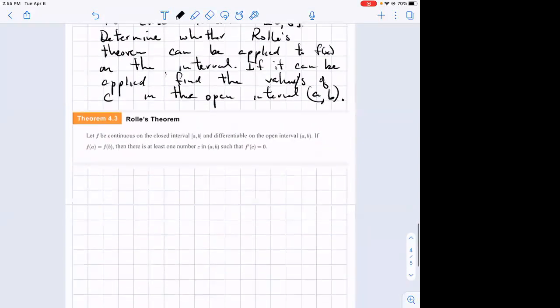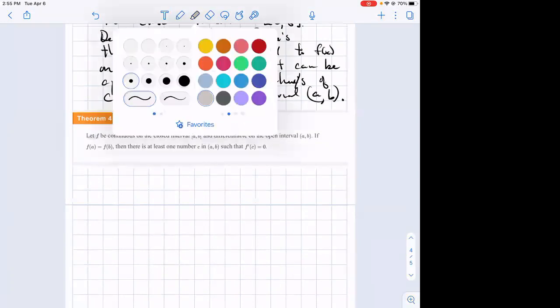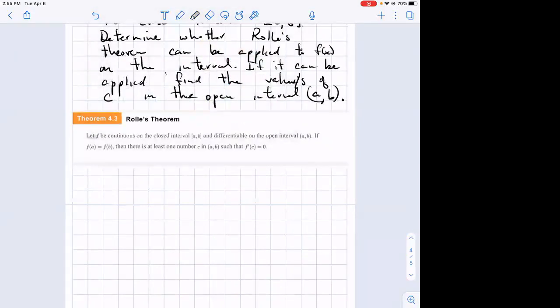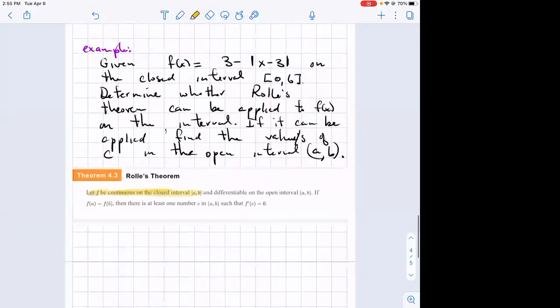So let F be continuous. Here is what we want to do. We want to make sure that it is continuous, okay? Is it continuous on the closed interval? Here is the function. It's an absolute value function. Is an absolute value function continuous, yes or no?